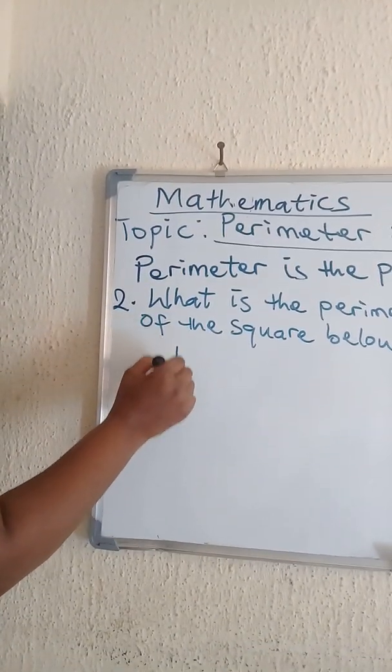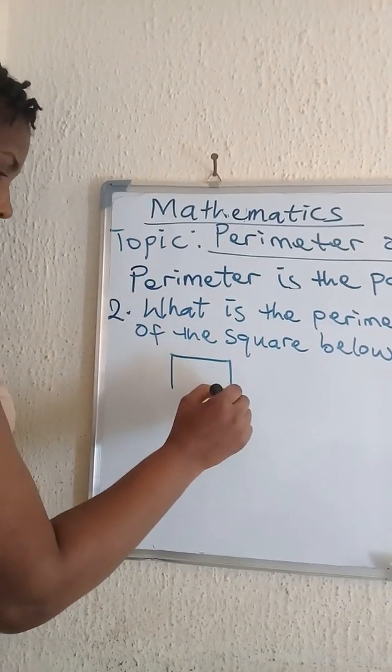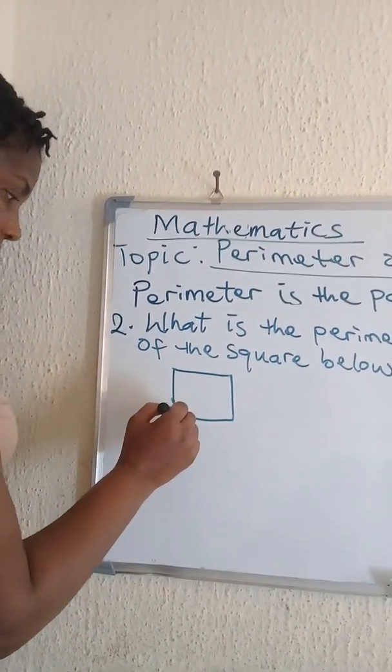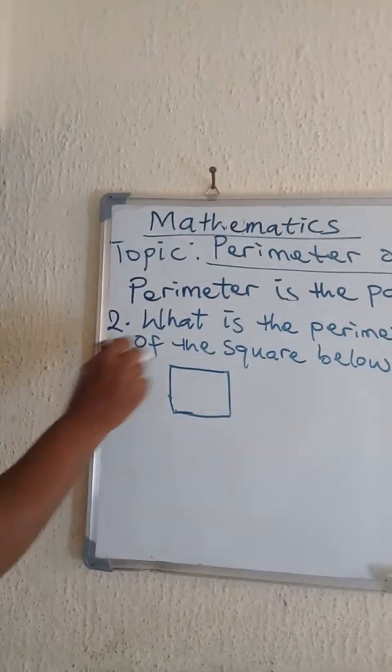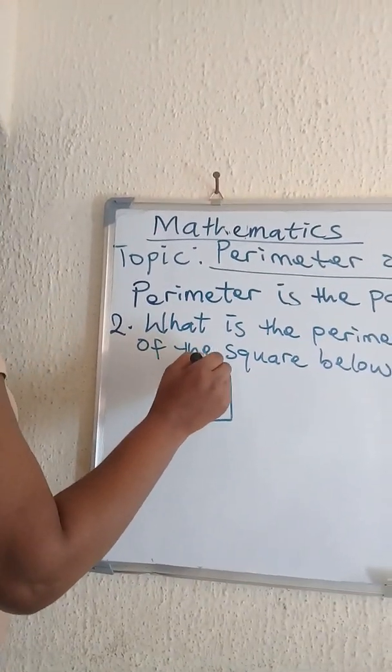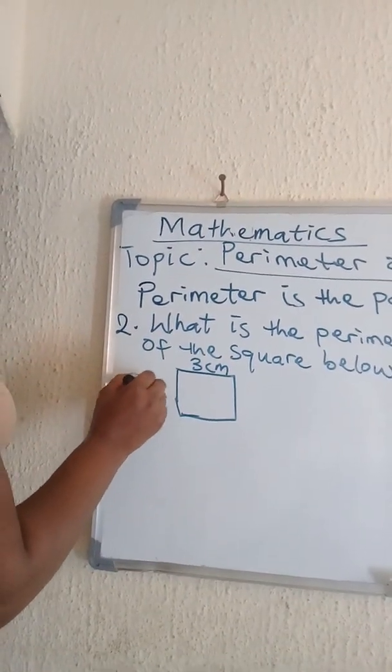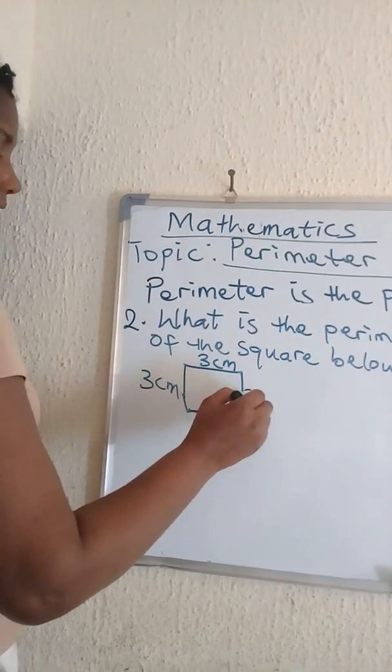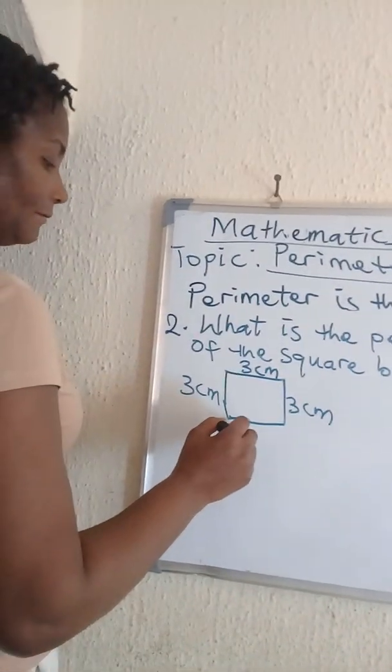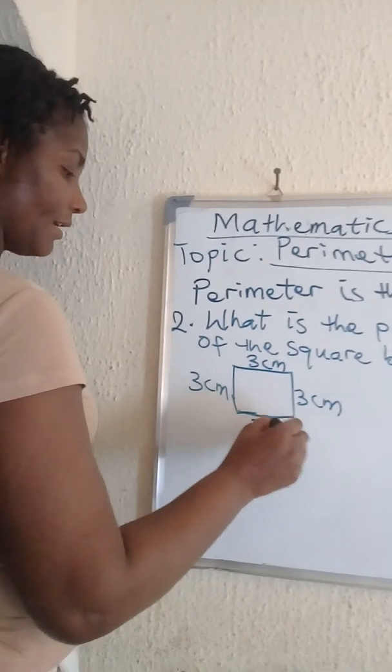Which square is that? Let's go. So we have 3 cm, 3 cm, 3 cm. We also have 3 cm.